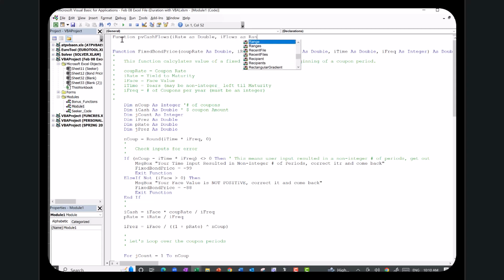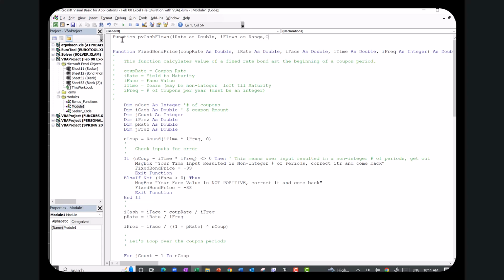I'm going to declare that as a range object. A range is basically an area selected on the worksheet, right? And it could also have multiple areas, which I'm not going to handle for this class, but it is not too difficult to adjust.